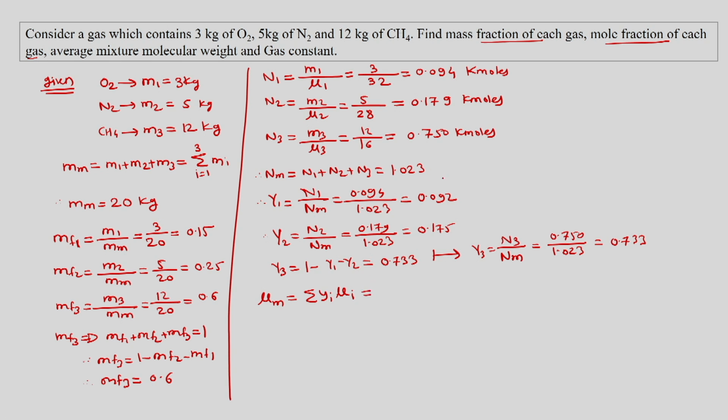So it is 0.092 into 32 plus 0.175 into 28 plus 0.733 into 16, and this gives us the mixture's molecular weight as 19.6 kg per kilomole. We can as well use mu m equal to mass of mixture divided by number of moles of mixture.